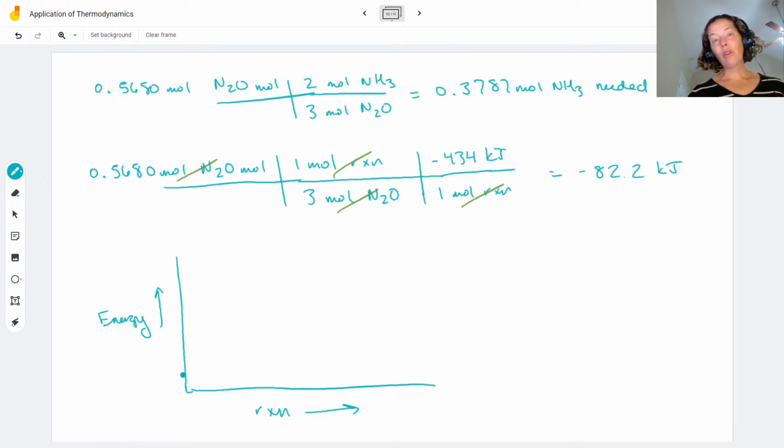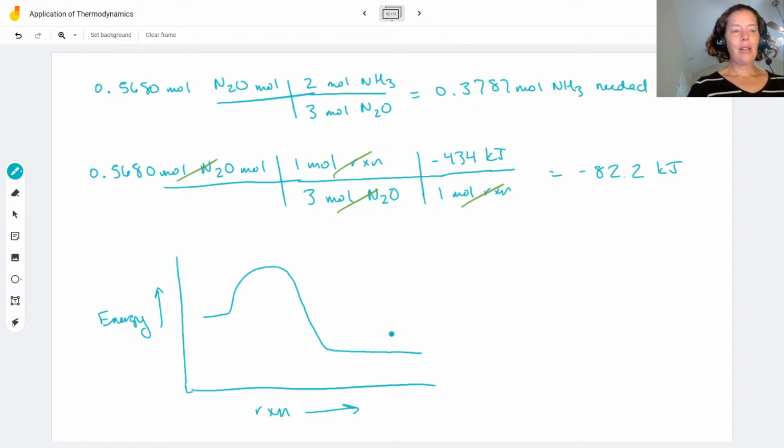This is an exothermic reaction because our delta H is negative, so it's going to look the same as our previous. Let's go ahead and show delta H. So that is the difference here between our reactants and our products. That is delta H. This is an exothermic reaction.